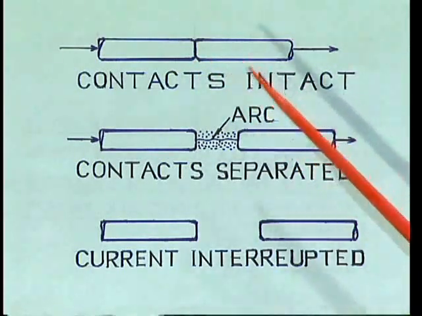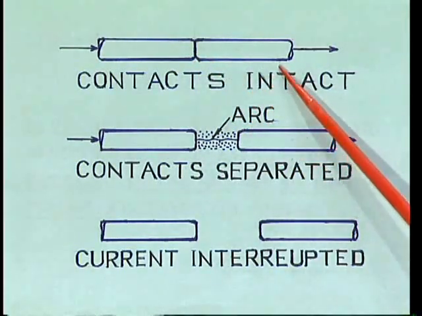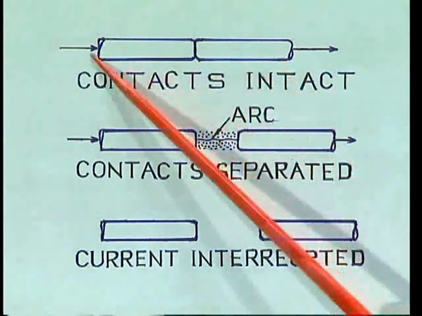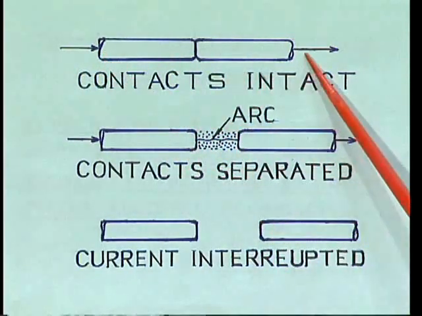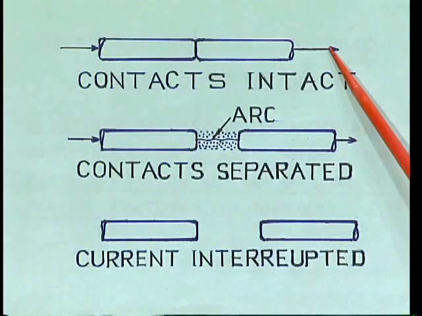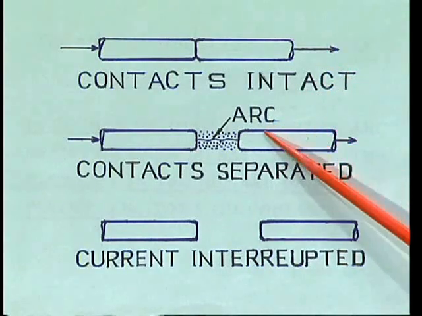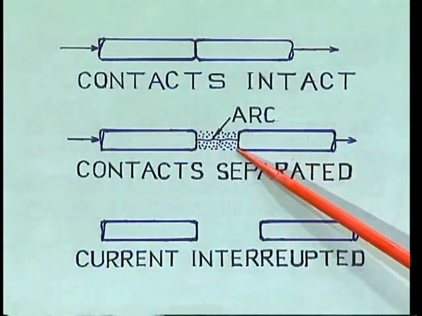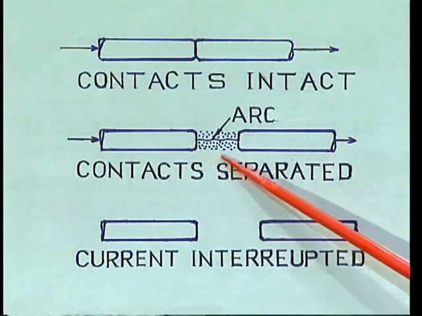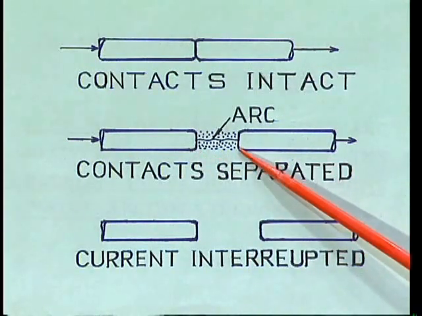When a short circuit occurs on the system, a short circuit current flows through the contacts in this direction, and they are separated by some small distance. So an arc is produced due to the voltage gradient between the two contacts.